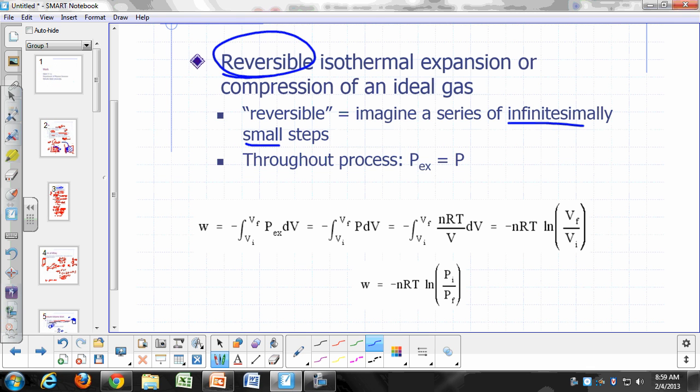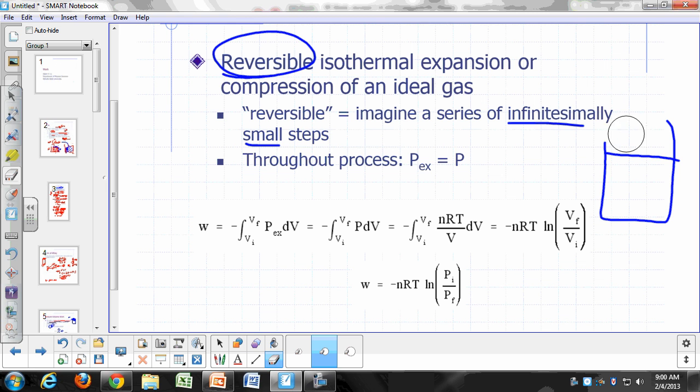So, for example, let's say I have a gas right here. Let's say it's at 1 atmosphere external pressure. Let me just put a block here to represent the external pressure. Let's make that 2 atmospheres.